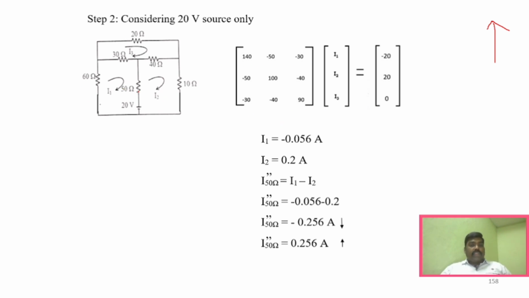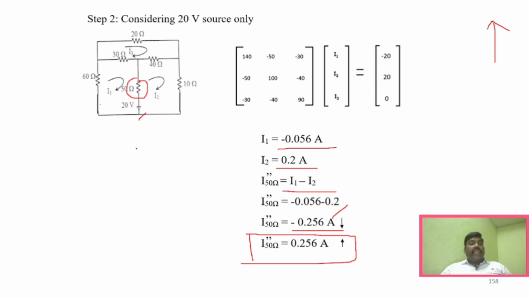With the matrix method, we found I1 as well as I2, and then we found I1 minus I2 because it is the common resistor between I1 and I2. After subtracting, we obtain minus 0.256 ampere, right? This is the value we obtain for this particular voltage source. You can keep the same value with the minus sign, or if you want to cancel it, you can have it as 0.256.